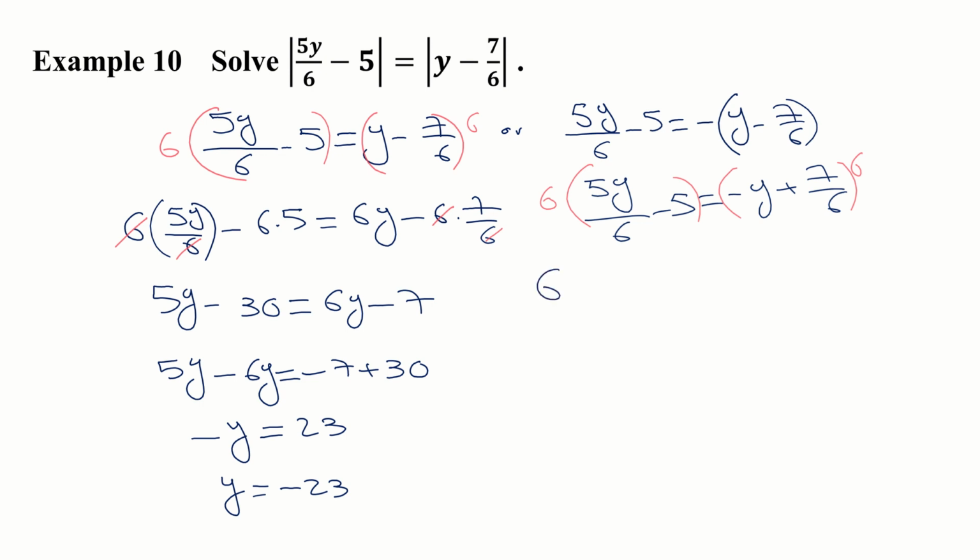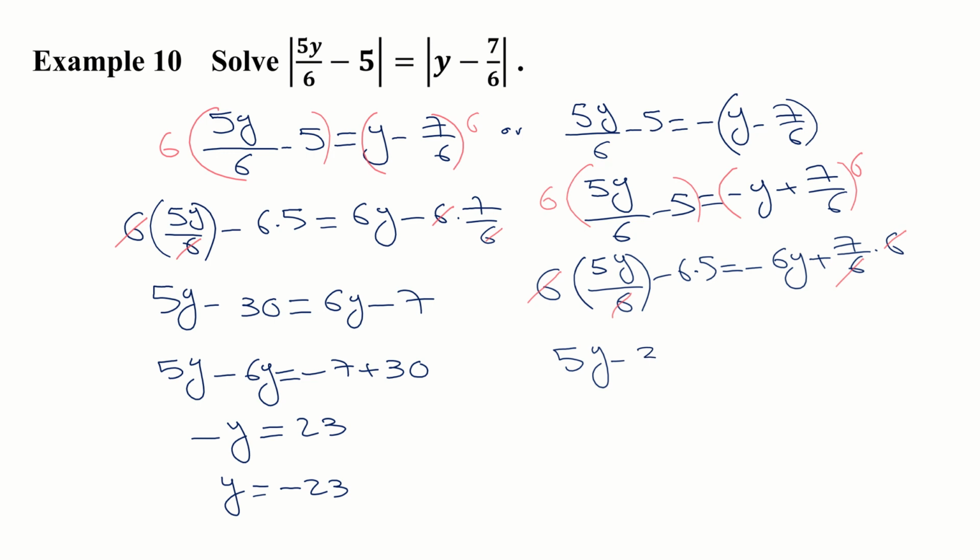So we end up with 6 times 5y over 6 minus 6 times 5 is equal to negative 6y plus 7/6 times 6, right? So we notice that these 6's cancel on the left side and these 6's cancel on the right side. So we have 5y minus 30 is equal to negative 6y plus 7.